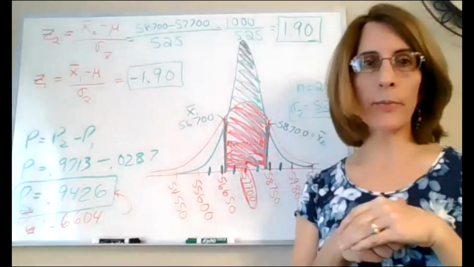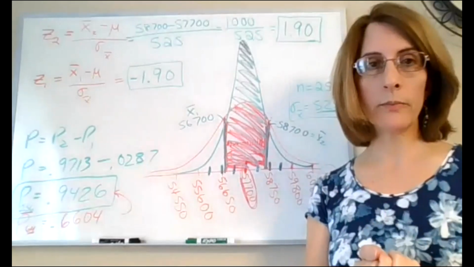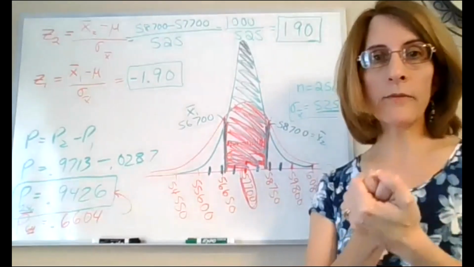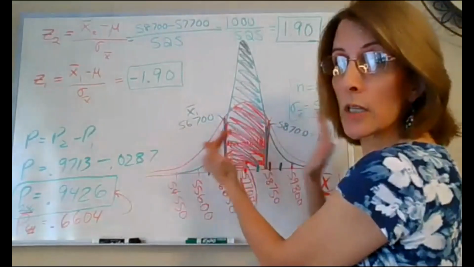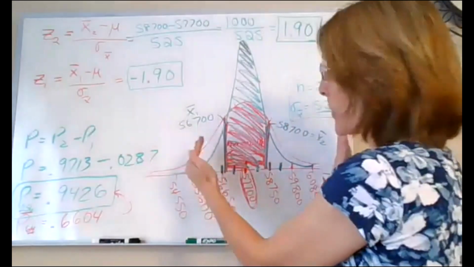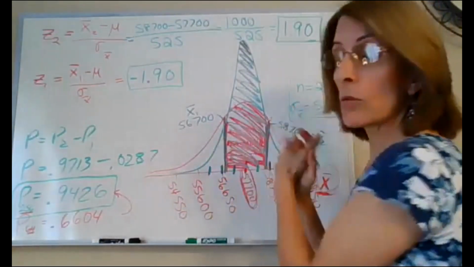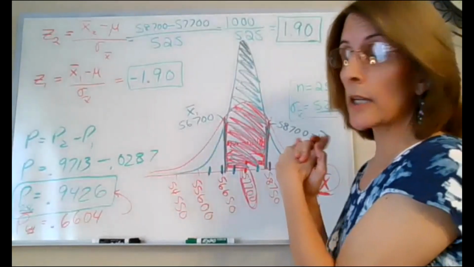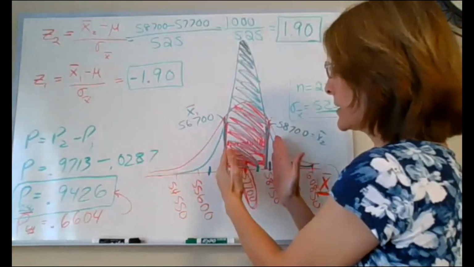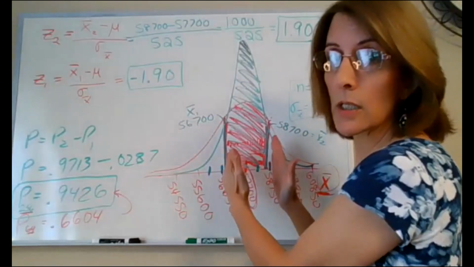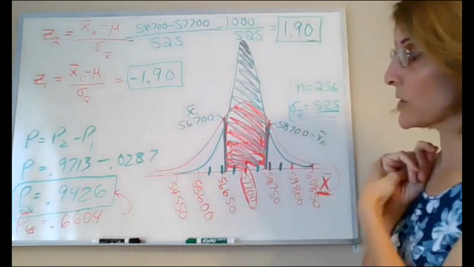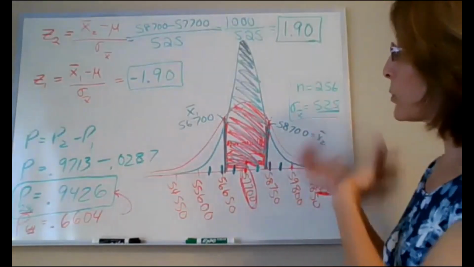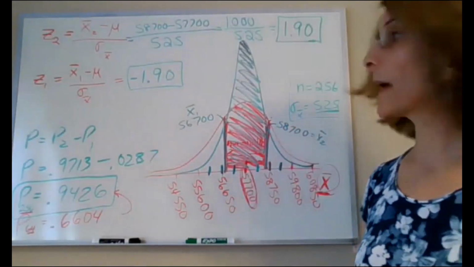As we increase the sample size, the standard deviation gets smaller. The X bar values are going to cluster closer to the mean, like this green distribution here. So the probability that you're within a certain distance of that mean, in this case 1,000, is going to increase compared to when the sample size was smaller. So that's what that problem was trying to get home to you.